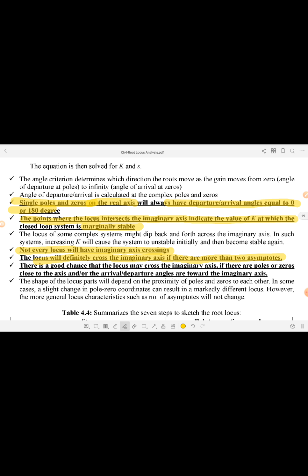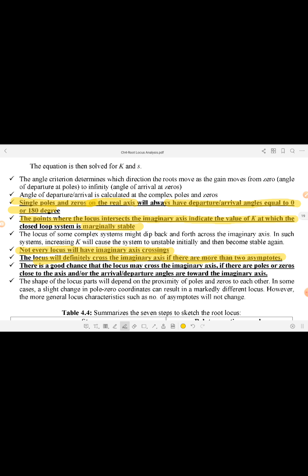If n minus m is equal to 1, the angle is 180 degrees and the asymptote is directed in the left half side. If n minus m is equal to 2, the asymptotes are plus and minus 90, and still we are in the left hand side.